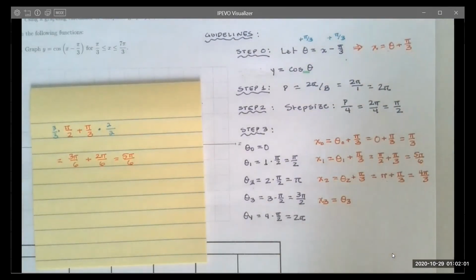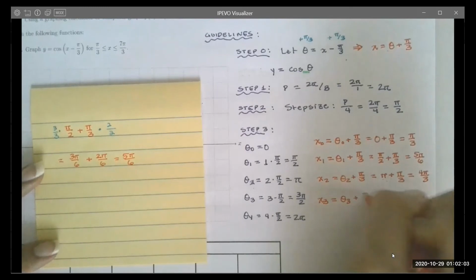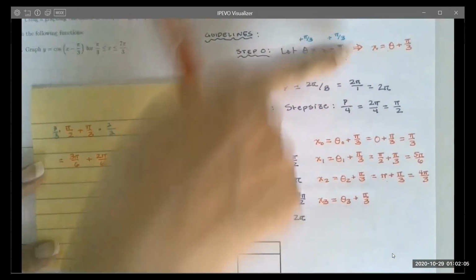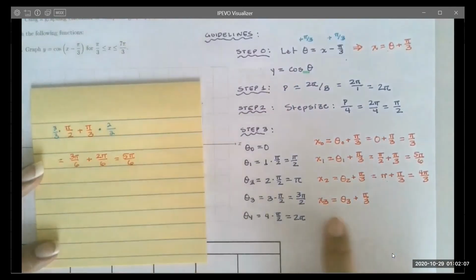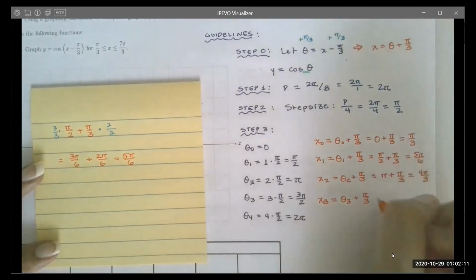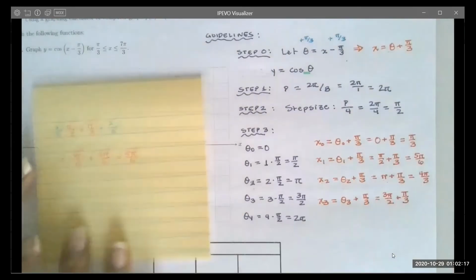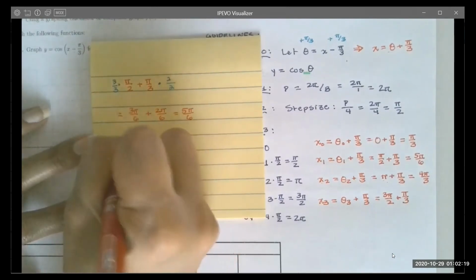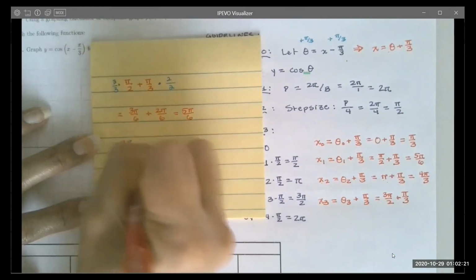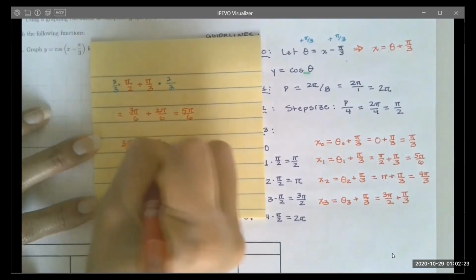And then x3 will be theta 3 plus pi over 3 from the formula. Then we replace theta 3 with its value, which is 3 pi over 2, plus pi over 3. If we do some side work, we're going to get 3 pi over 2 plus pi over 3.